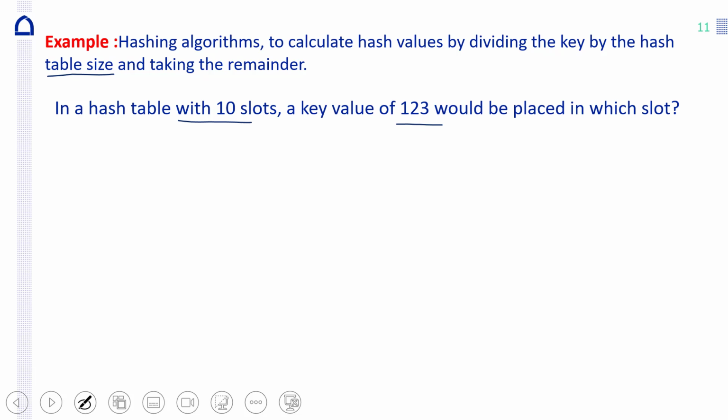So what you are going to do is divide 123 by 10 and take the remainder as your result. How to do this using the division algorithm? 120 is the closest one, which is 10 times 12.